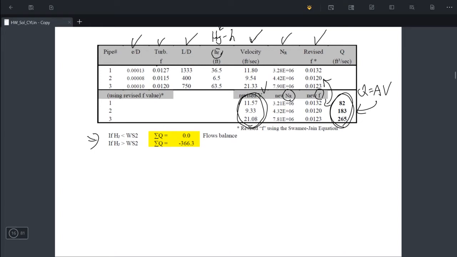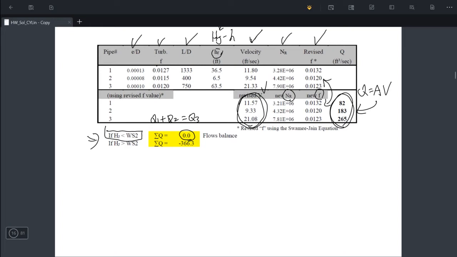And we found that under the first condition, where the water will flow from the reservoir to the junction, the summation of Q equals 0. So that means Q1 plus Q2 equals Q3 in this case.